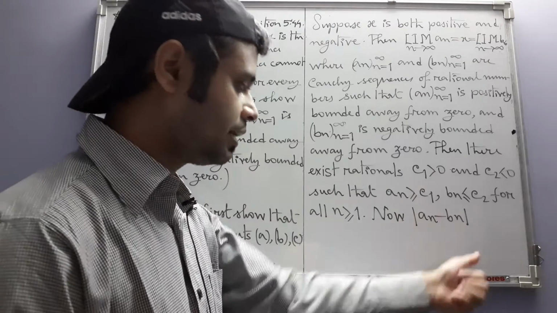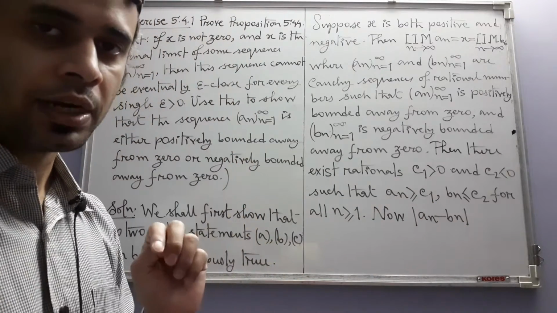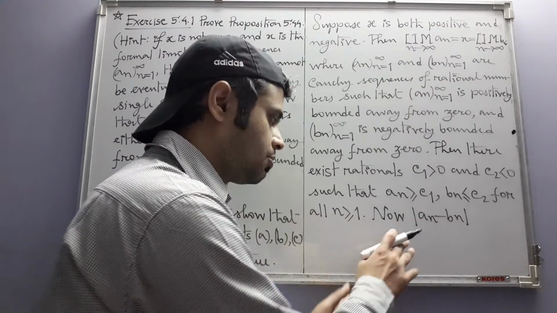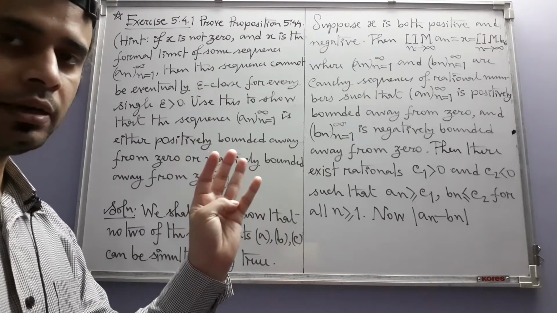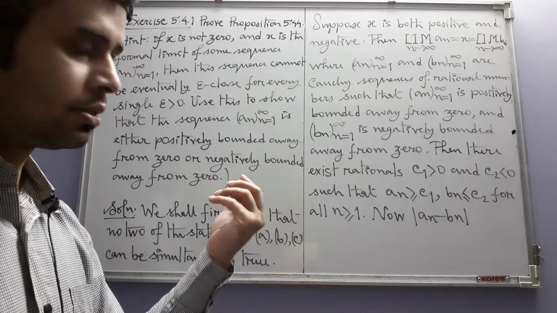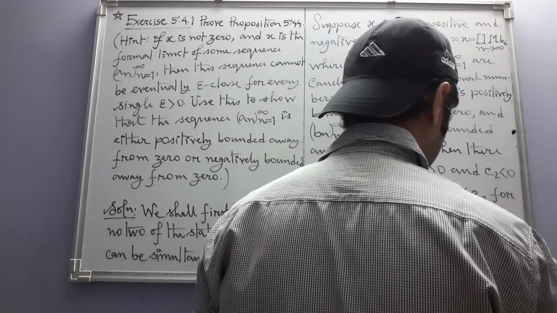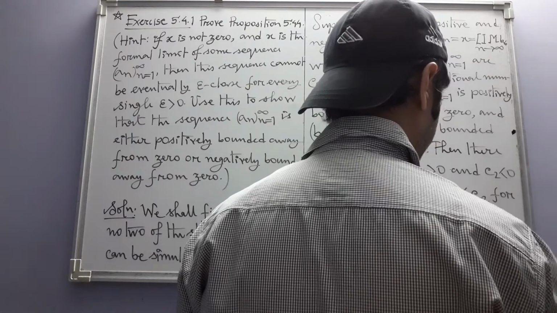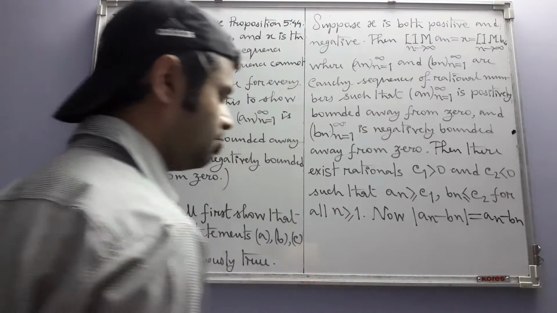That means all the minus bn's are positive. So inside the modulus, an minus bn is a sum of two positive rational numbers, an and minus bn. So from properties of rational numbers, the sum will itself be positive, and that's why from the definition of the absolute value function, this is equal to an minus bn.